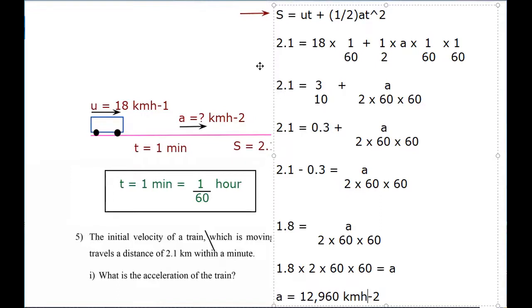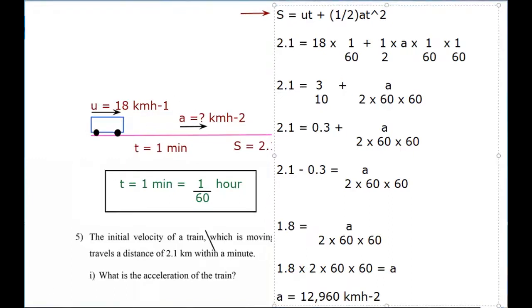V equals U plus at. Okay, I'll give you 2-3 minutes. Apply that equation. Find the final velocity in kilometer per hour and send your answer to my Zoom chat. Start.